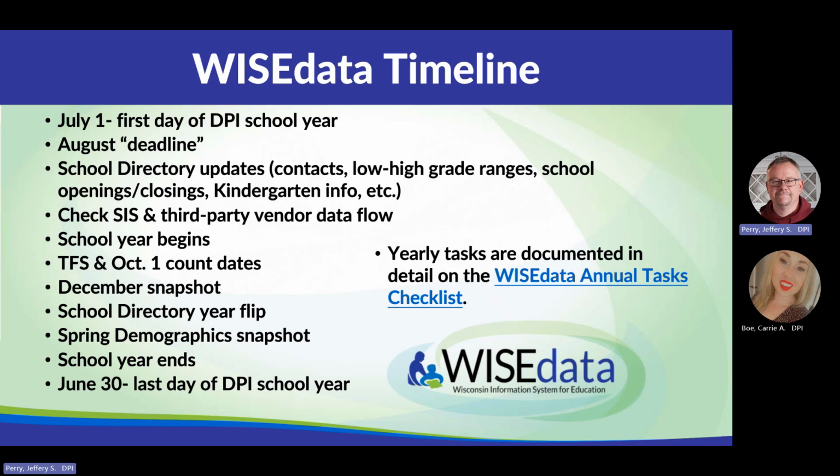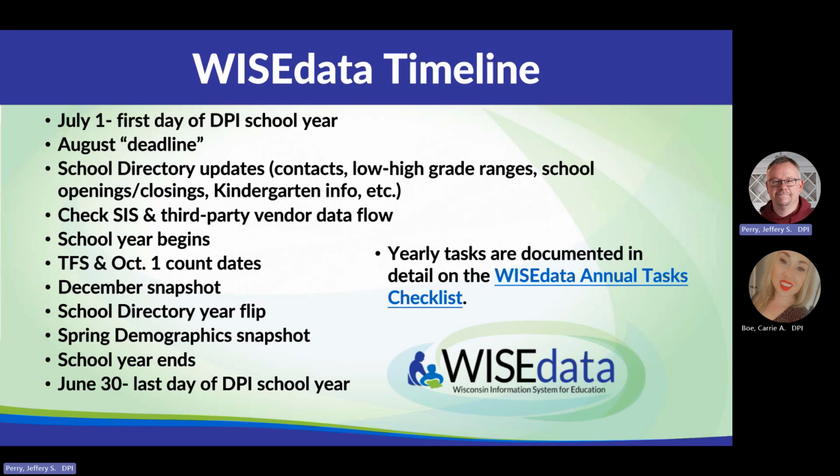In the January timeframe every year, we flip the school directory to the next school year. We have to do that a little early because particularly grant work, but some of the more finance heavy applications need to begin working in the next school year long before the current school year has ended. So we flip the school directory school year in January-ish timeframe usually.